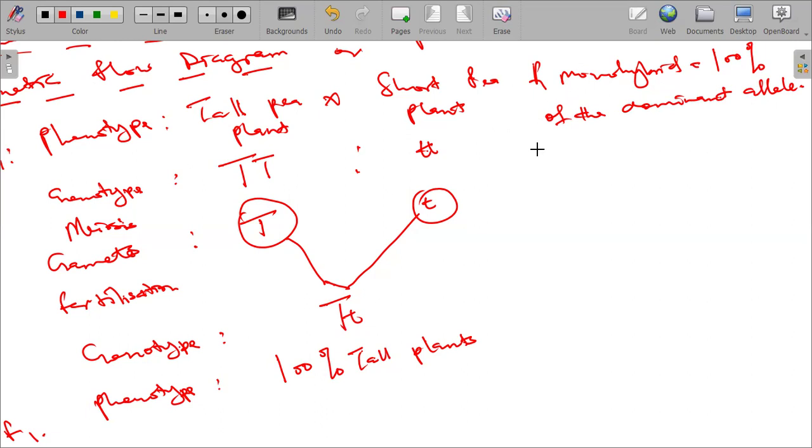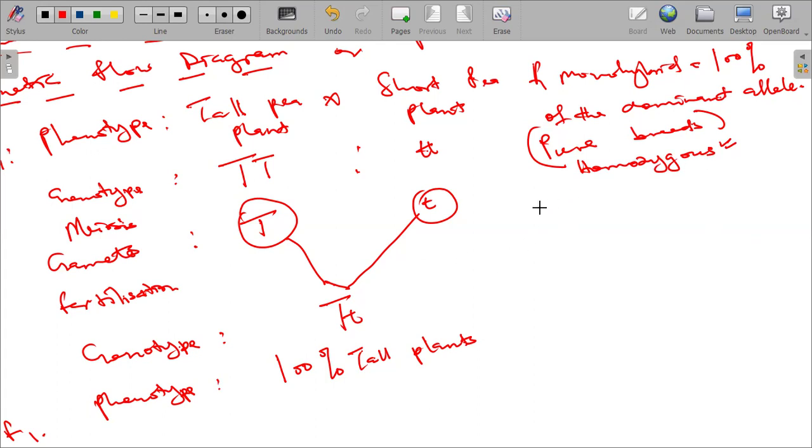Pure breeds are also called homozygous, which means they have the same alleles: dominant TT and recessive tt.